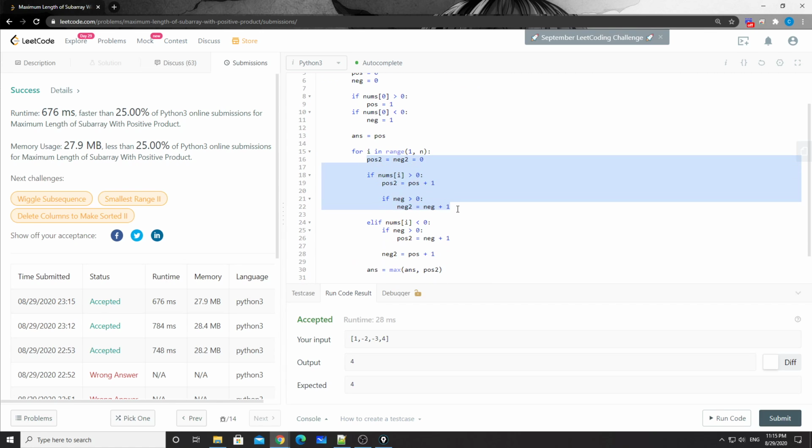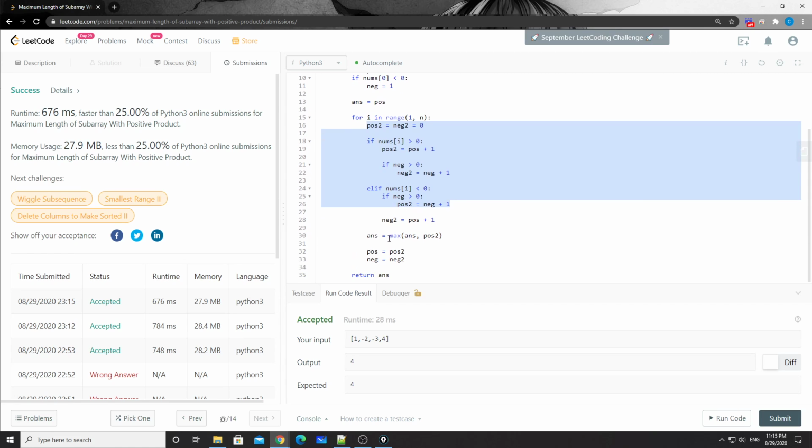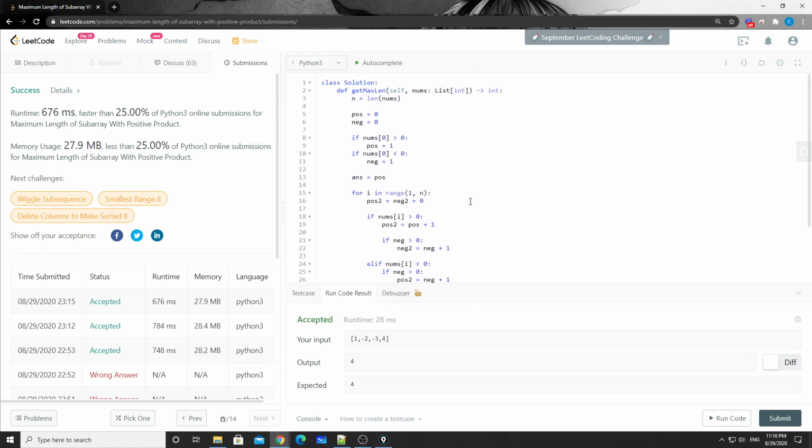We just use the same formula as the previous version. In the end, we assign the new one to the old one so that the new one becomes the old one for the next iteration. Other than that, everything stays the same.